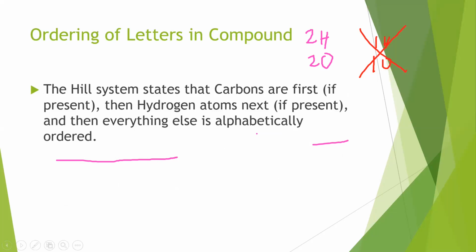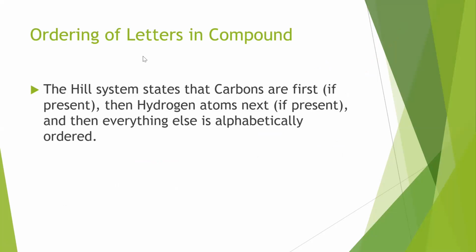Okay, let me erase that. So you might be wondering, how do you order the elements in the compound? There's a system that chemists use called the Hill system, and it states that carbon atoms are always first if they're present. Then hydrogen atoms are next.